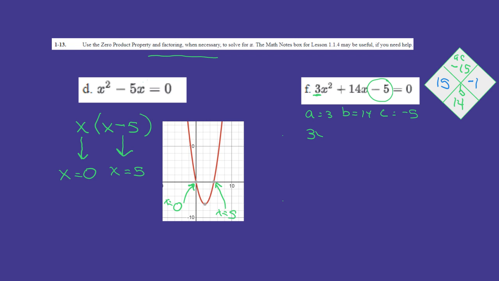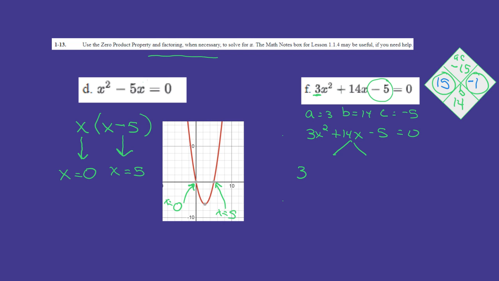So now what I'm doing here, using those numbers, this is what I'm going to do. So I have this 3x squared plus 14x minus 5. What I'm doing is using these two numbers to break apart 14, okay? And it really doesn't matter what order you put them in, but I'm breaking it apart. It's what you would get if you were multiplying two binomials and you had a middle term and you had to combine like terms.